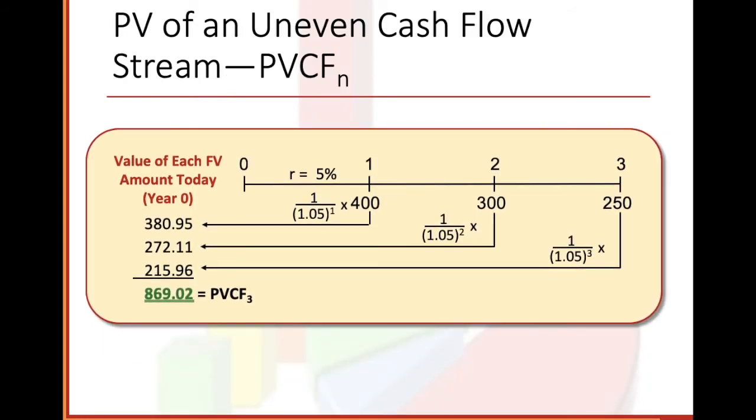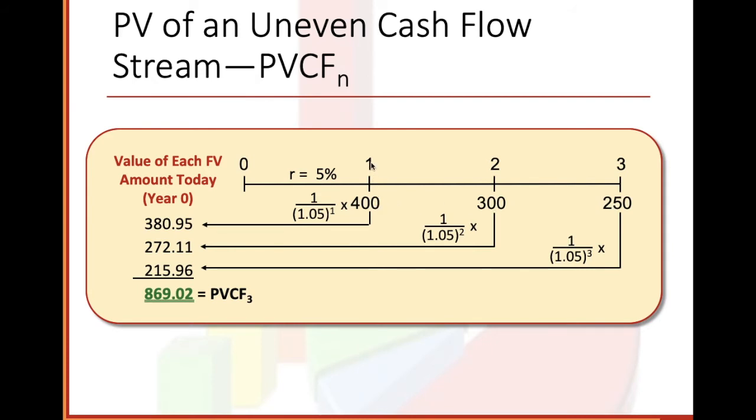Present value of an uneven cash flow stream, PVCF, CF is cash flow. Again, we're looking backwards now, because we're looking at a present value of a cash flow stream. Notice how the payments are 250, 300, 400.